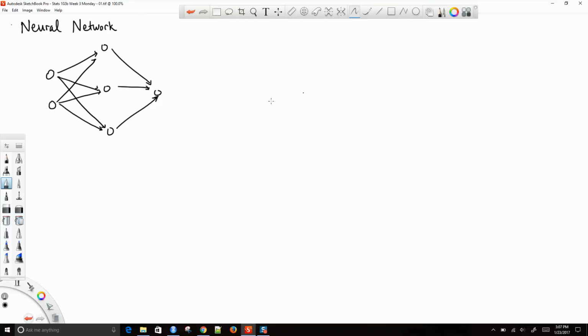And we said that we have our inputs, our x's. We have our first weight matrix, and we multiply these together.